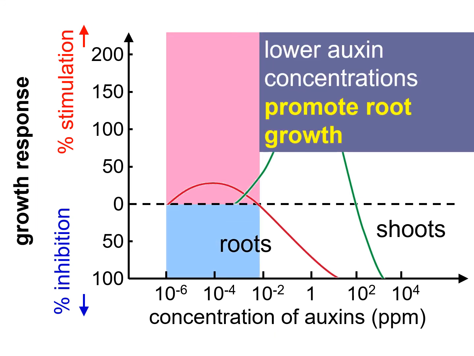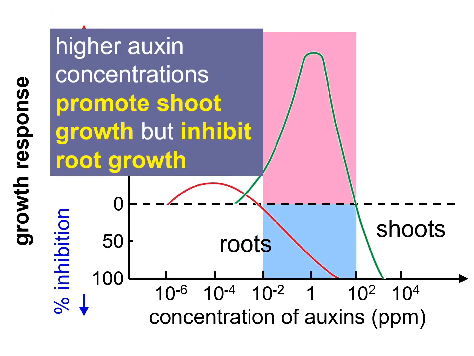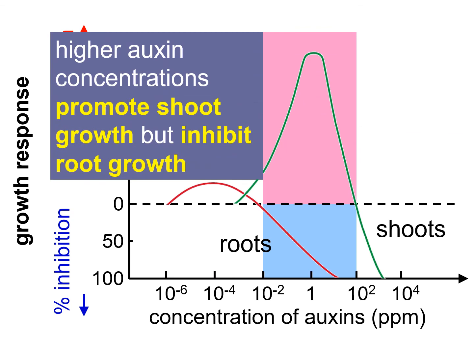When the auxin concentration is low, it helps to promote the root growth. When the auxin concentration is high, it helps to promote the shoot growth but inhibit the root growth.